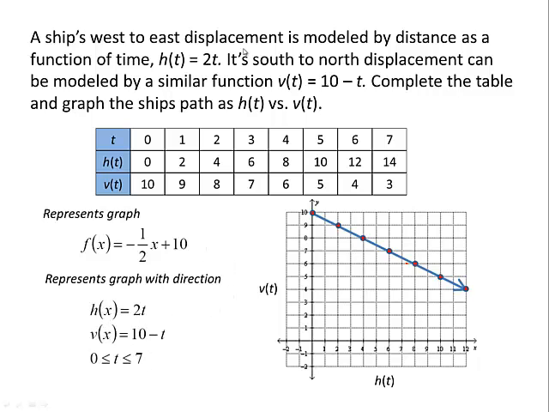We would have the 2t for the horizontal, and then the 10 minus t is my vertical. And in this case, we're only using it from 0 to 7. Okay, so these two are the same. It makes the same graph, except the parametric set of equations gives me a direction.